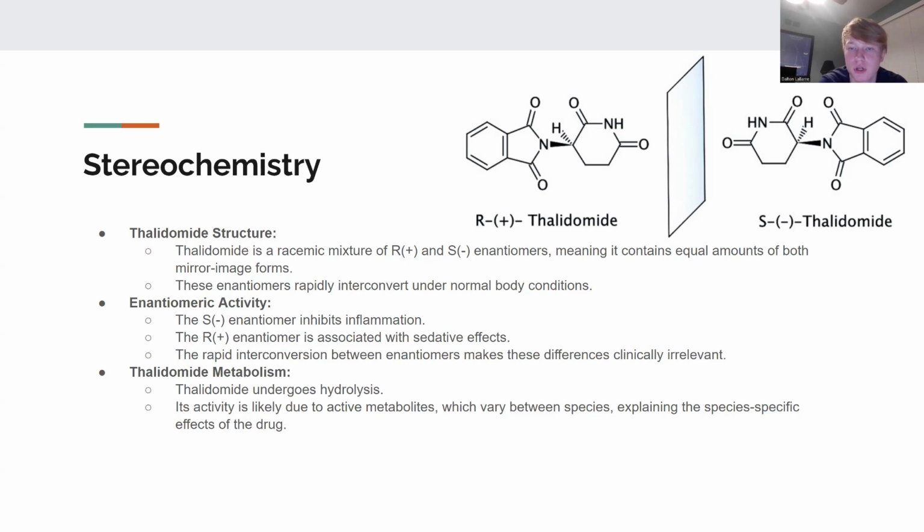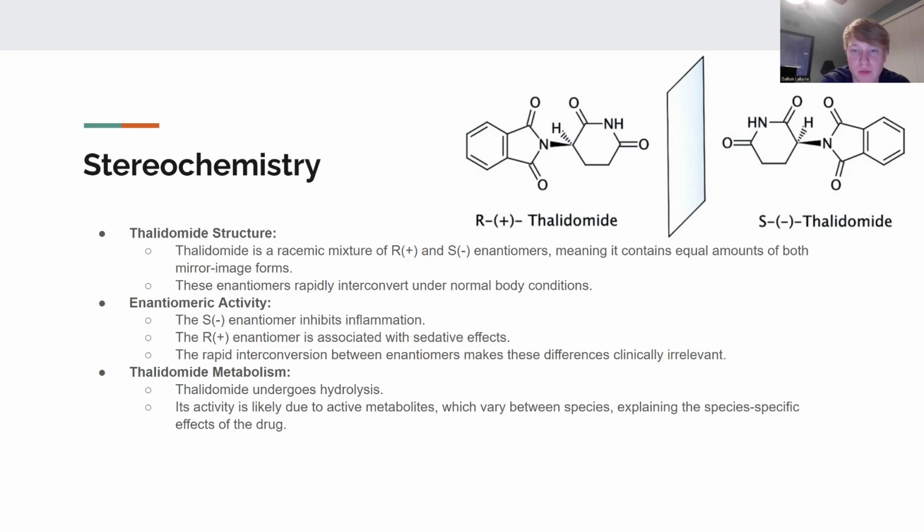Another way of showing the difference between these would be changing the wedge on the nitrogen to a dash and the dash on the hydrogen to a wedge. So the S minus enantiomer inhibits inflammation, and the R plus enantiomer is associated with its sedative effects, which is what it was originally marketed for.